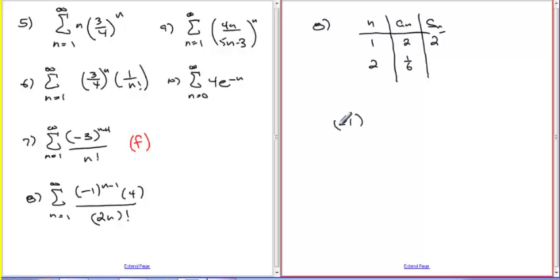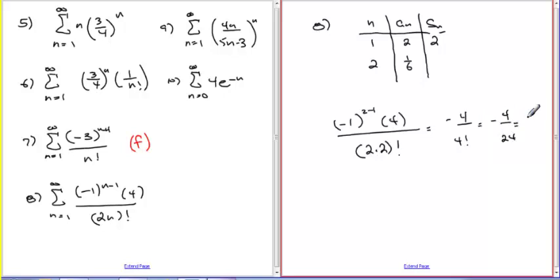So this becomes negative, negative 1/6, and when I add these two together, I get 1 and 5/6.